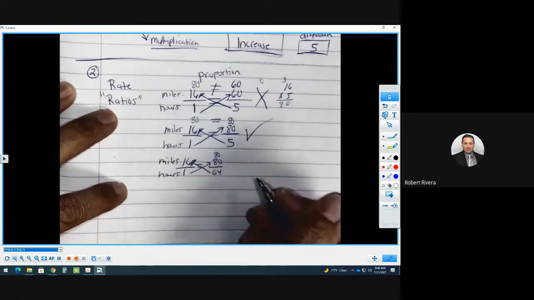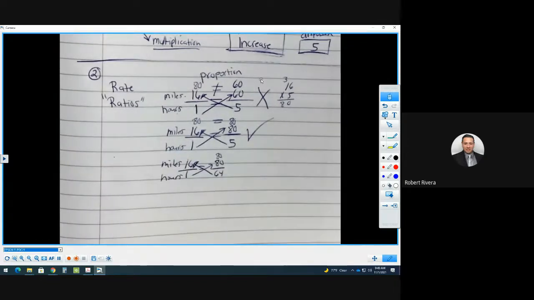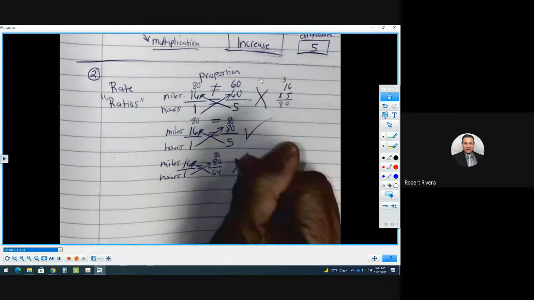Do you think, without even multiplying, guys, that if I multiply 64 times 16, I'm going to get 80? There's no way. Plus, didn't you just say that 16 times 5 was 80? How can you say that now 16 times 64 would be 80? It'll be way too big, right? I don't have to even waste my time multiplying. I'm just going to go ahead and say wrong.